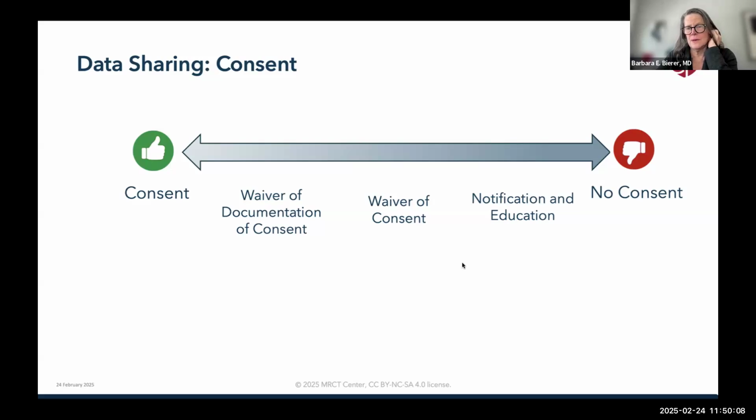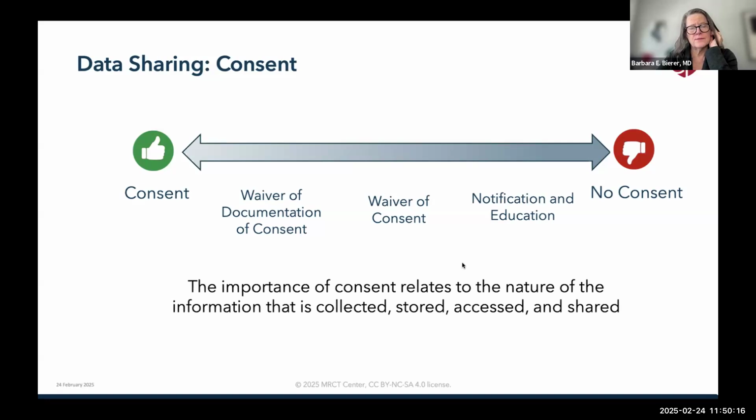So it's worth thinking about how much we educate and notify, and I believe we don't do it well enough. So the importance of consent relates to the nature of the information that's collected, stored, accessed, and shared. And we can talk about specific examples of that.